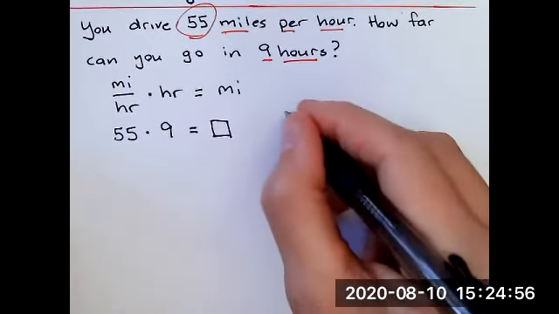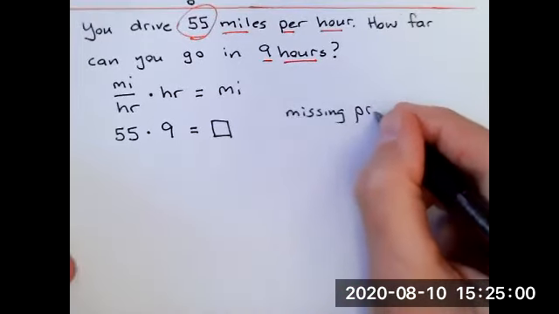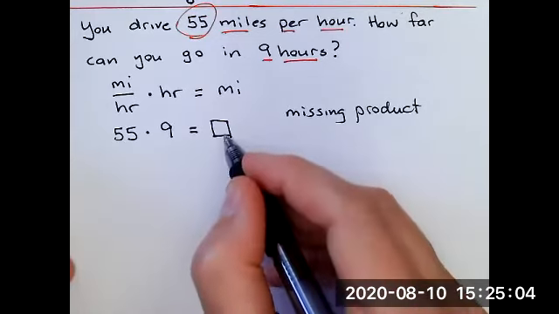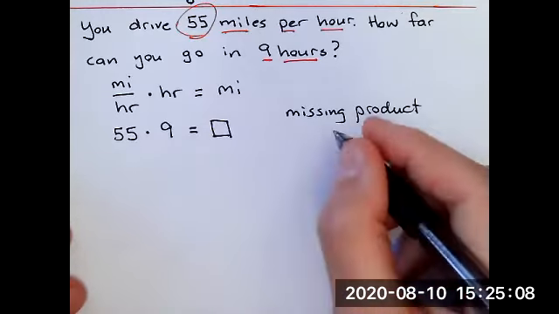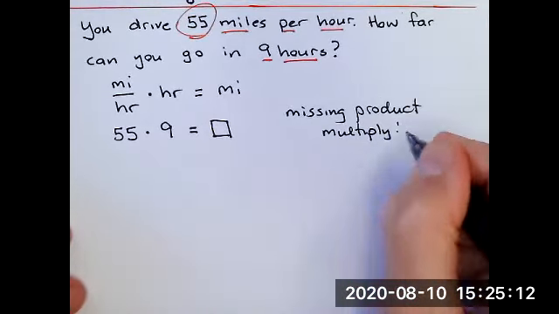So this is a missing product. Remember, the product is the result of a multiplication. And since we have a missing product, we're going to multiply.